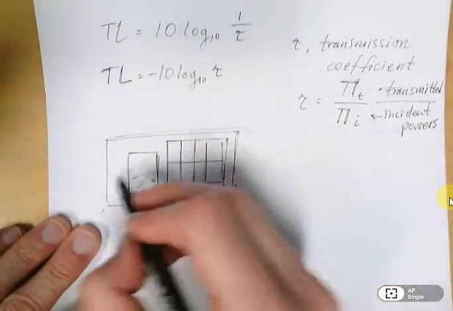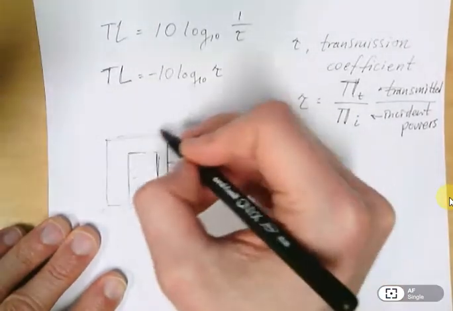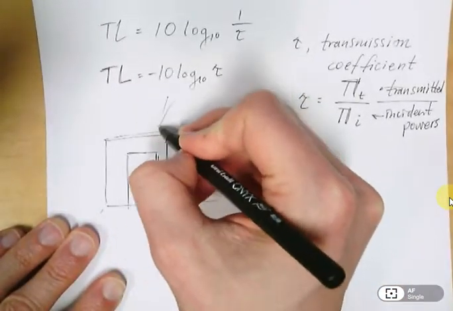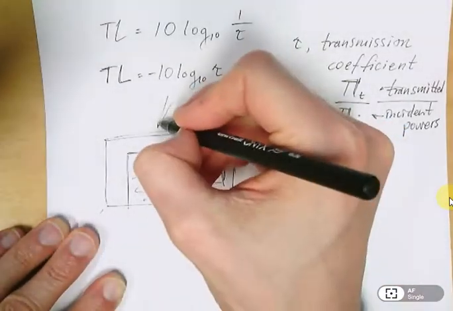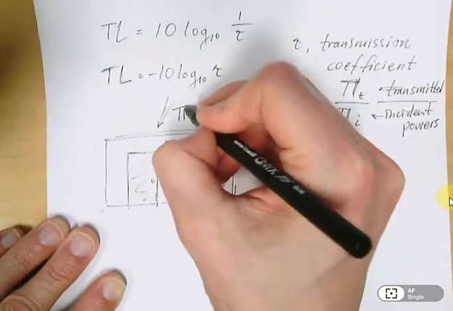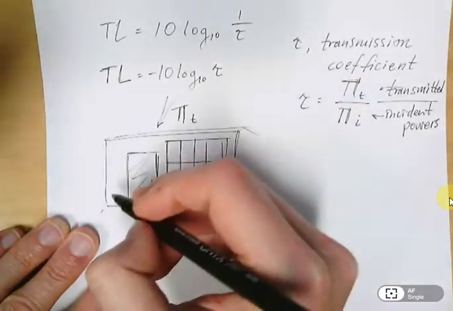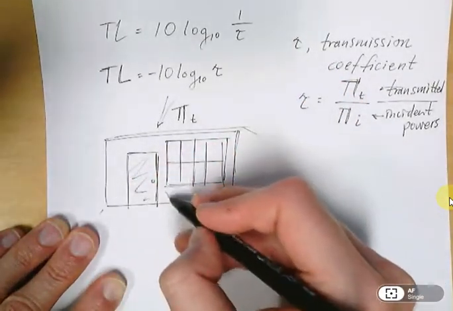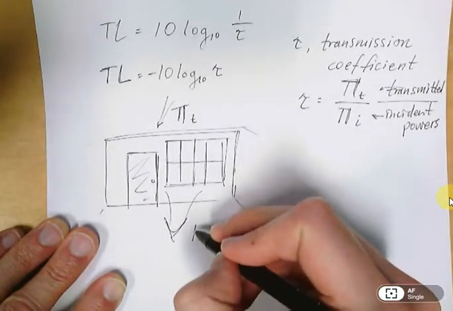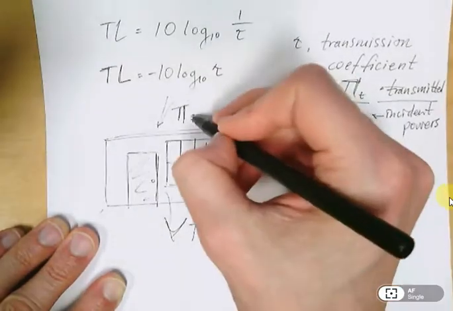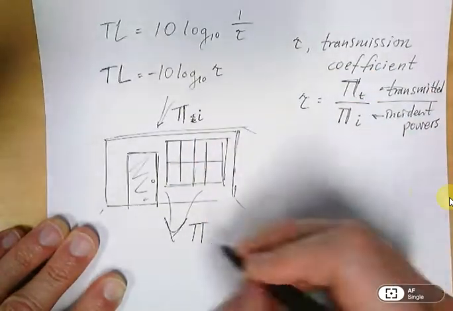So in this case, to determine the total, the effective or composite transmission coefficient, out of all of these, we have incident and transmitted power.